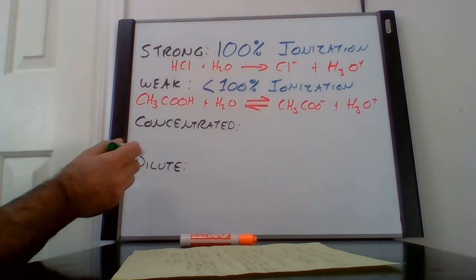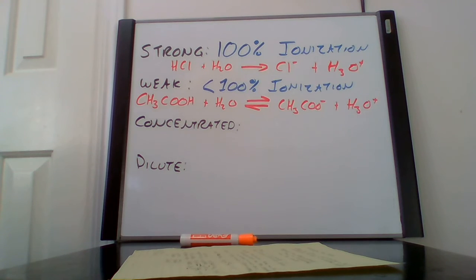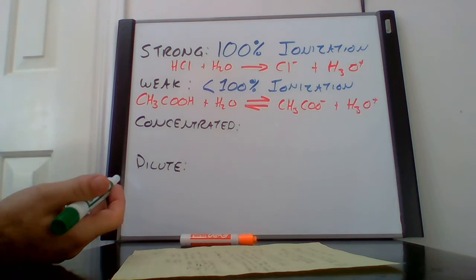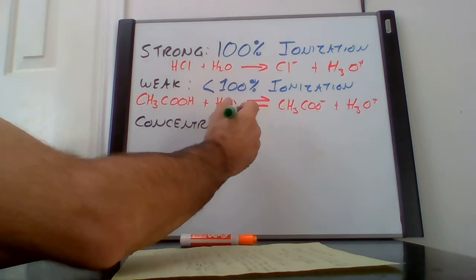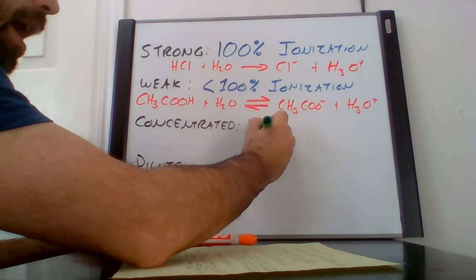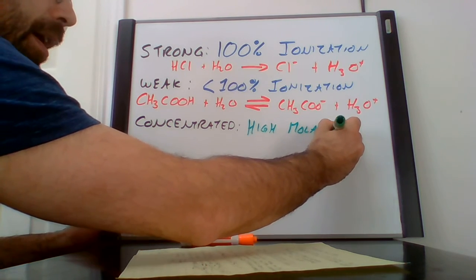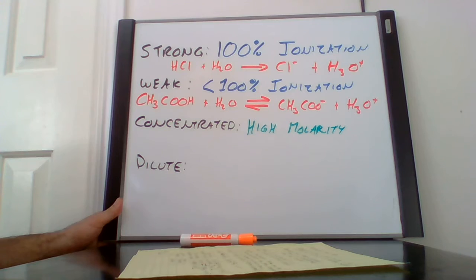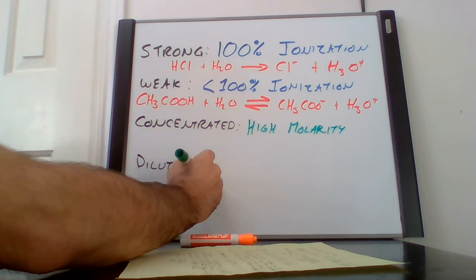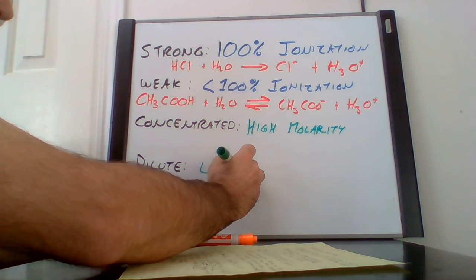Also, if we're looking at concentrated versus dilute, for these situations, we're looking at a high molarity, a high number of moles per liter, versus dilute would be a lower molarity.